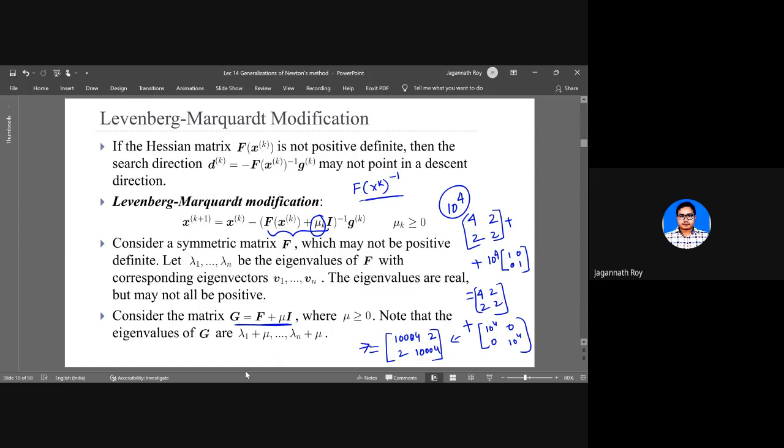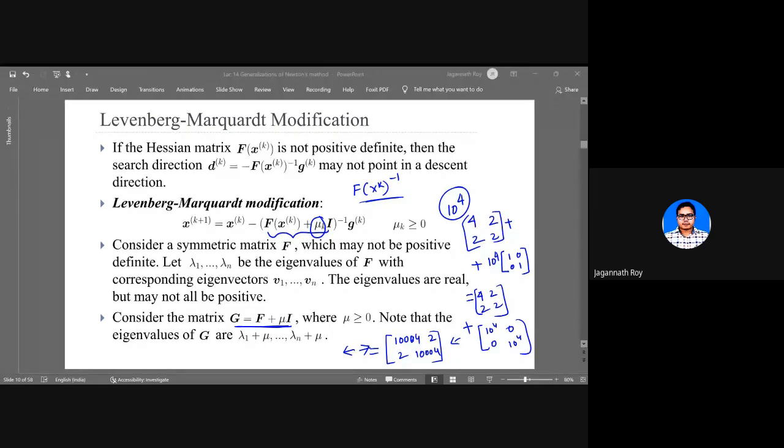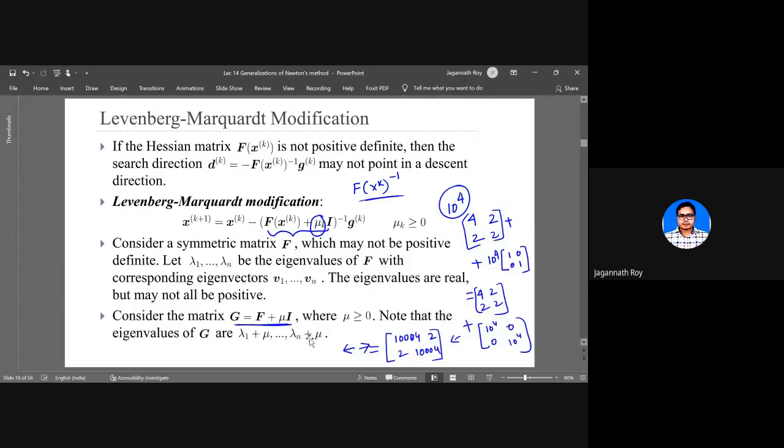Now if you try to find the inverse, what will be the inverse of this matrix? This is 2, so this would be 2.